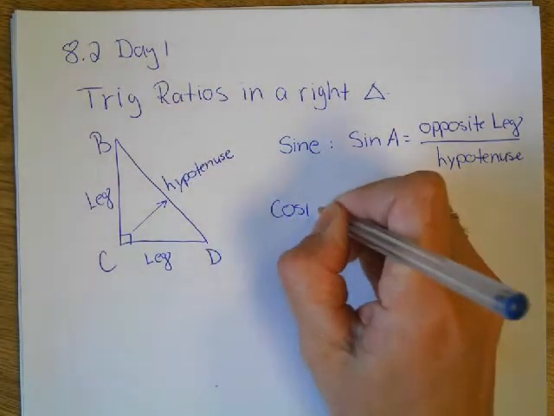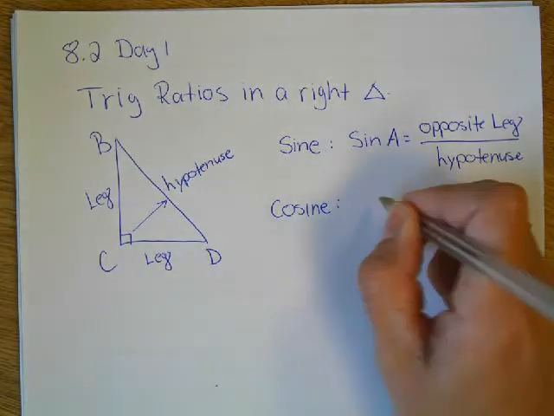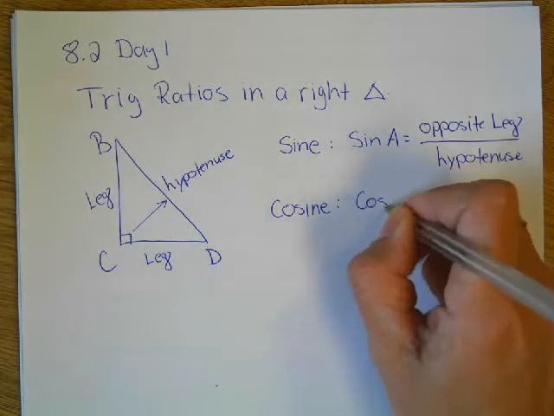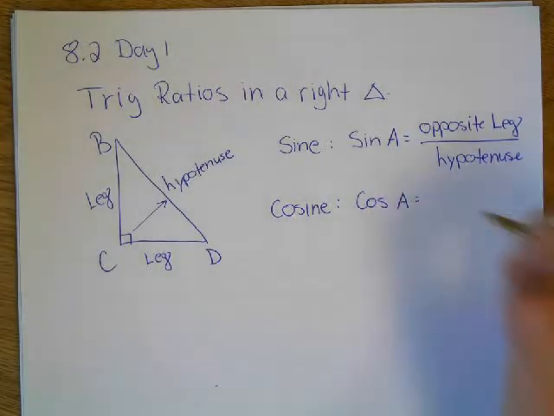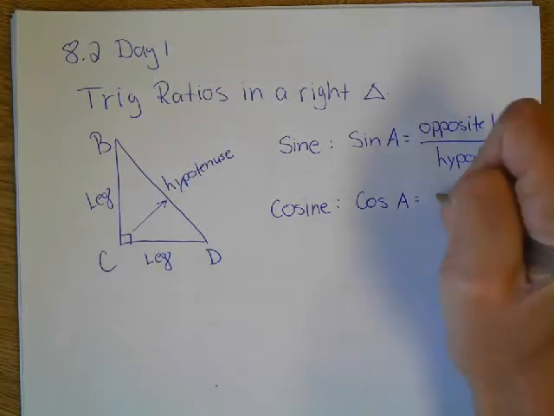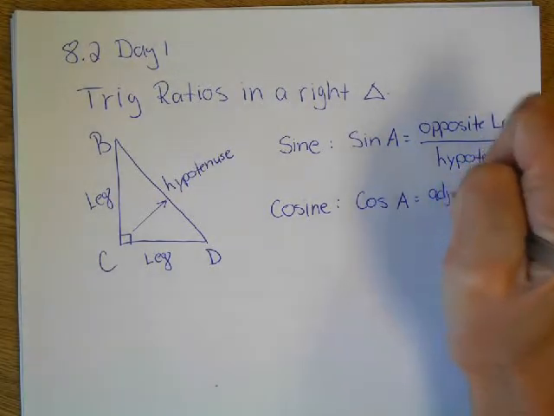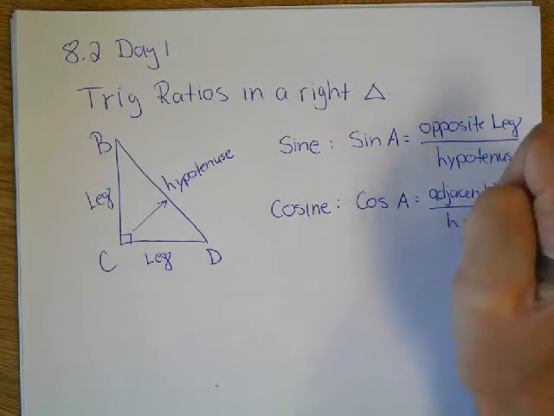So the next one is cosine. And that will be abbreviated COS for cosine. Again, we have to stand at an angle. And the two sides that make up the cosine ratio are the adjacent leg and the hypotenuse.